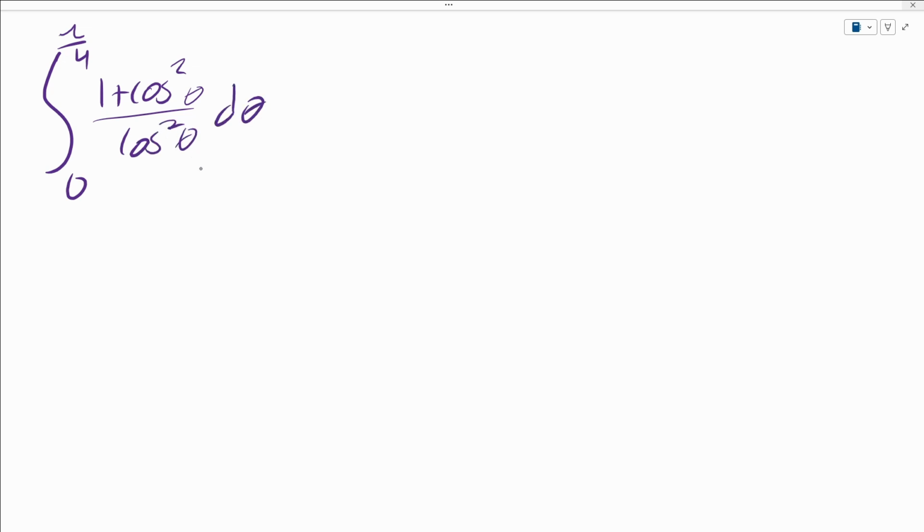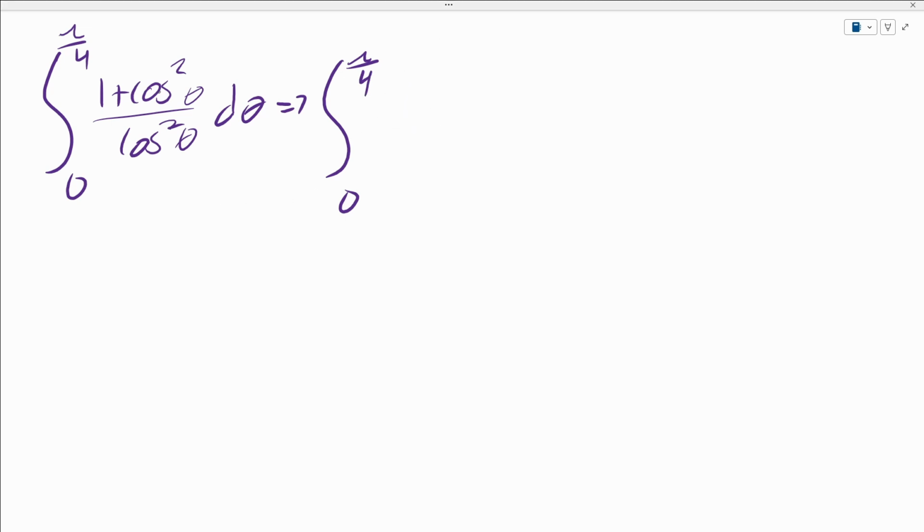So let's take a look at another example. We'll have the integral from 0 to pi over 4 of 1 plus cosine squared theta over cosine squared theta d theta. Now, the first step to this is to manipulate it algebraically, so if you can see any terms that might cancel or just make it easier to integrate.